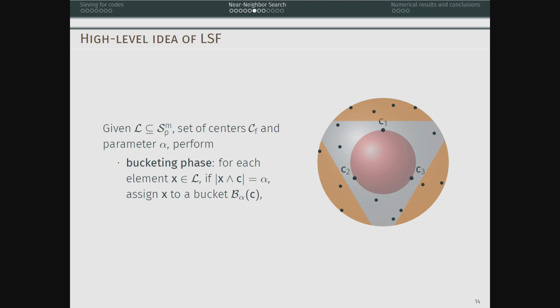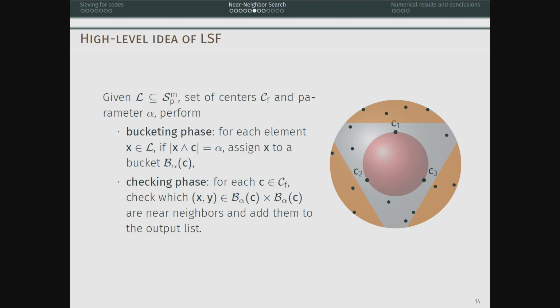In the bucketing phase, for each element x in the list L, we check if it overlaps with the corresponding center in alpha positions, and if it does, we put it into the bucket that corresponds to this center. In the checking phase, we then search for near neighbors only within the buckets.